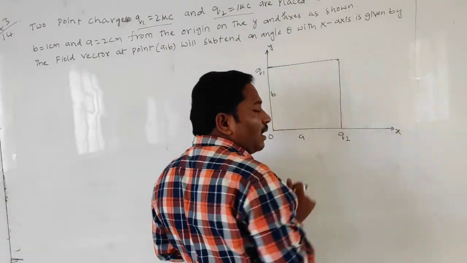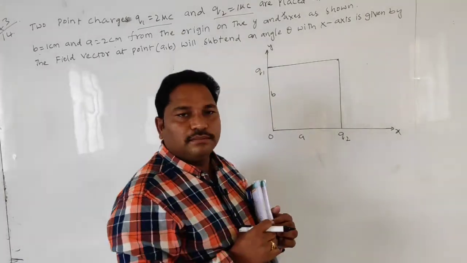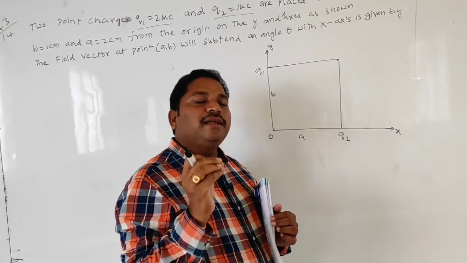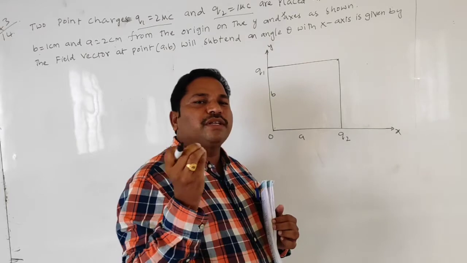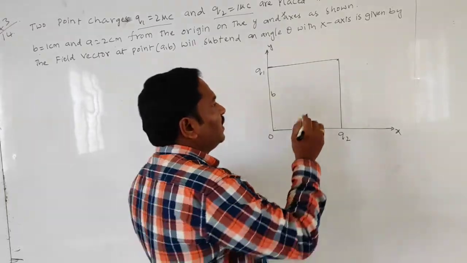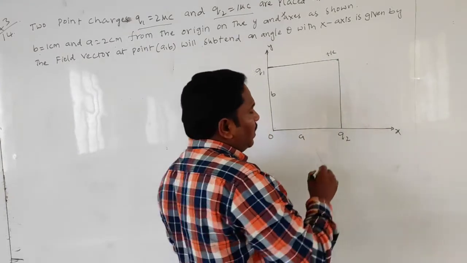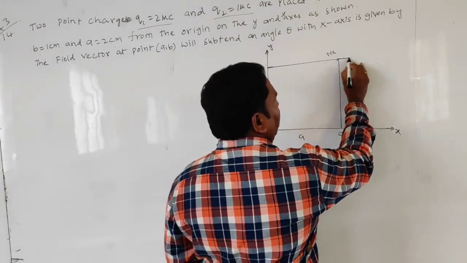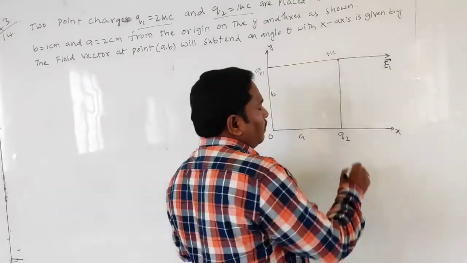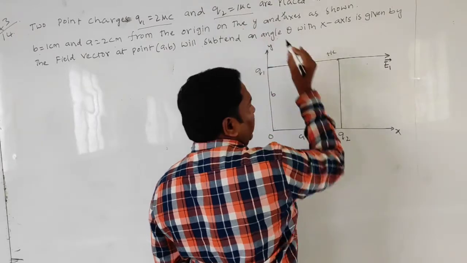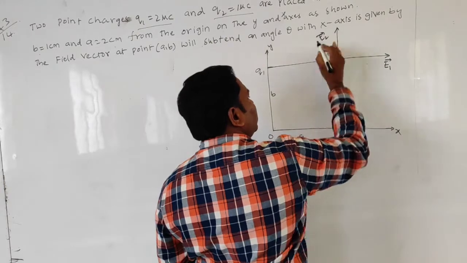First we have to find the resultant electric field at point P. In order to find the intensity of the electric field at point P, we place a unit positive test charge at point P. Both are plus charges, so E1 is in this direction and E2 bar is in this direction.